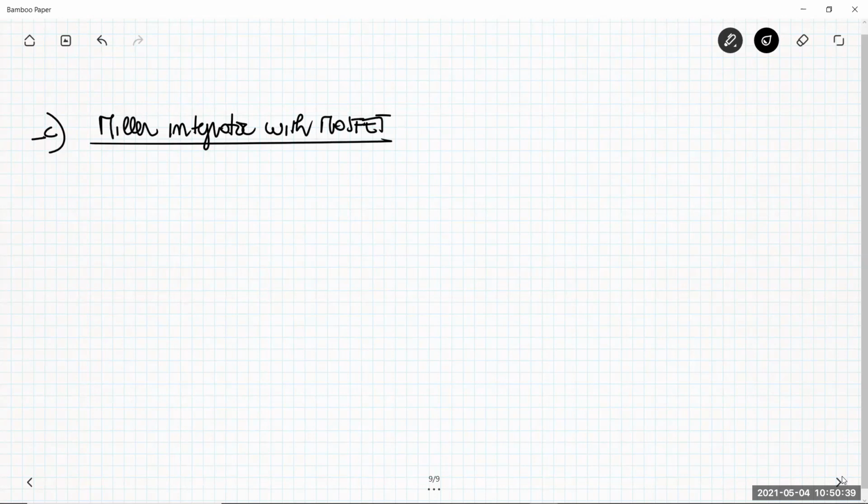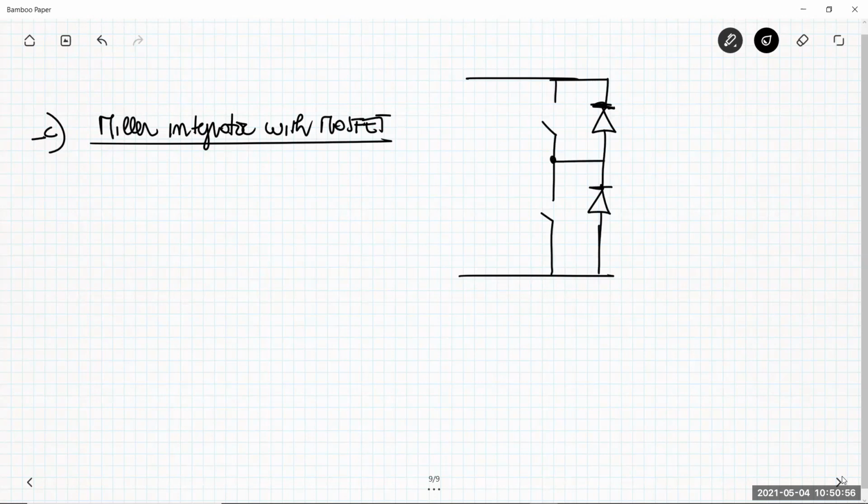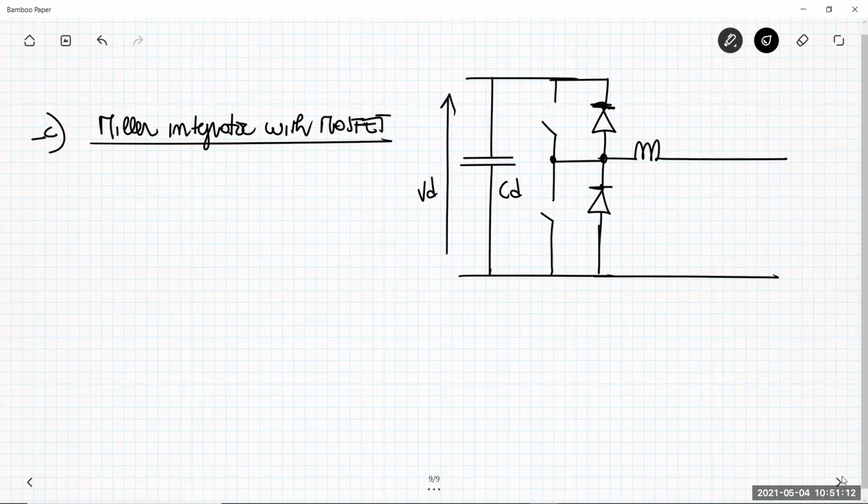So in that case, let me just again, for the third time, draw our half bridge. L, here we have the CP capacitor.